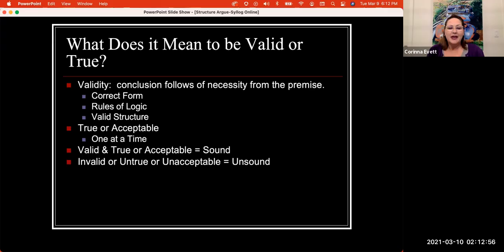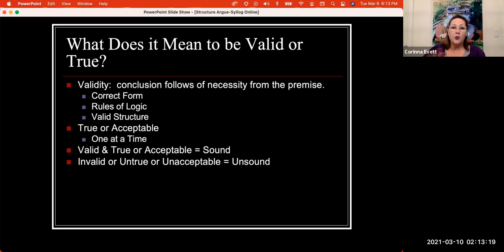Now, if we have a valid structure, a valid form, valid use of logic and reasoning, and we have true and/or acceptable reasons or premises, then we have a sound argument.